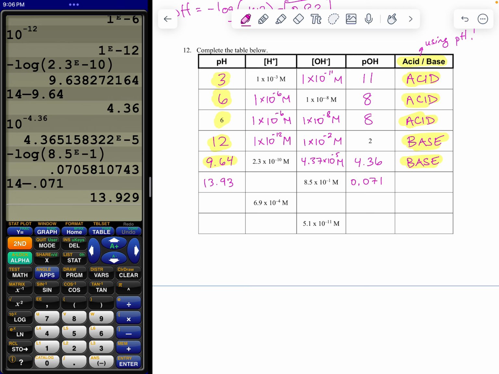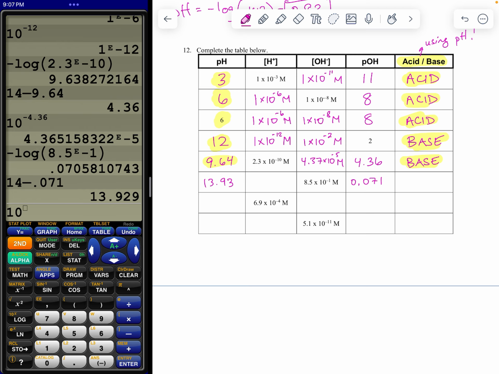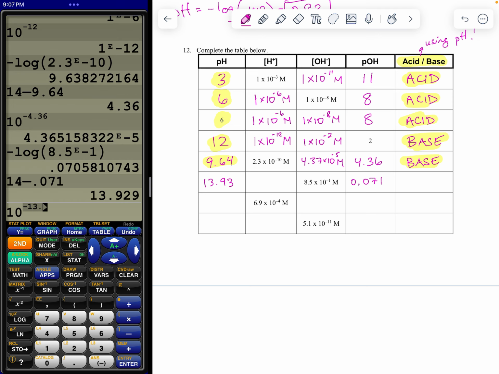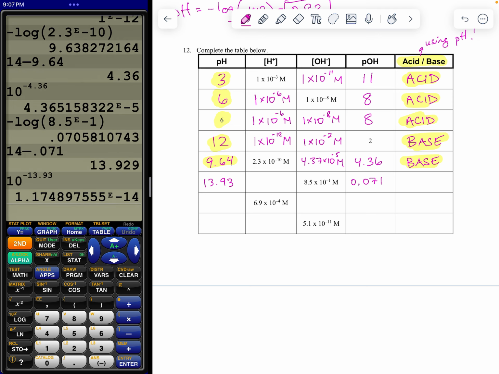And then, of course, we go 10 to the negative 13.93, and that gives us our concentration of the hydrogen ions there, times 10 to the negative 14th molar. And this is a super base.